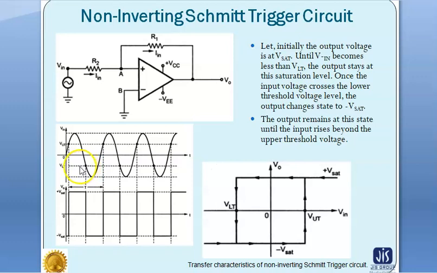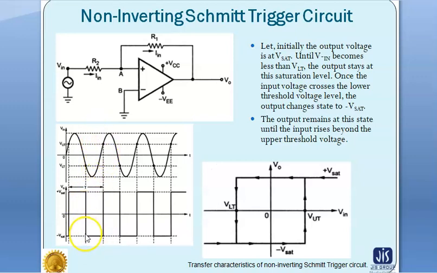So until Vin becomes less than this lower threshold voltage, the output stays at this plus Vsat value. When the input voltage falls below this lower threshold point, the output changes from plus Vsat to minus Vsat. So by this minus Vsat we will get the upper threshold voltage.